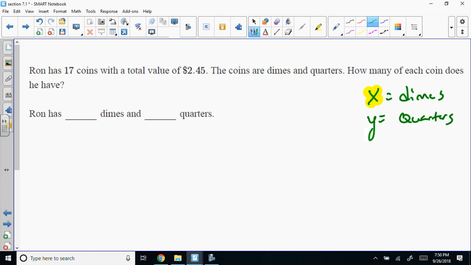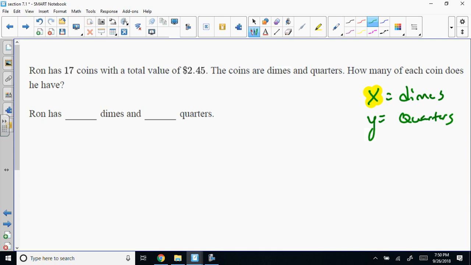So when you have an equation like this, or a word problem like this, you have to understand that systems work in patterns. And these patterns happen to deal with totals and then values, right?